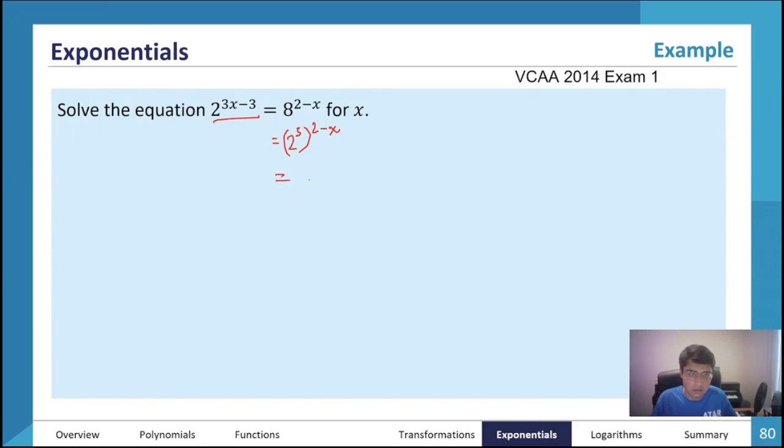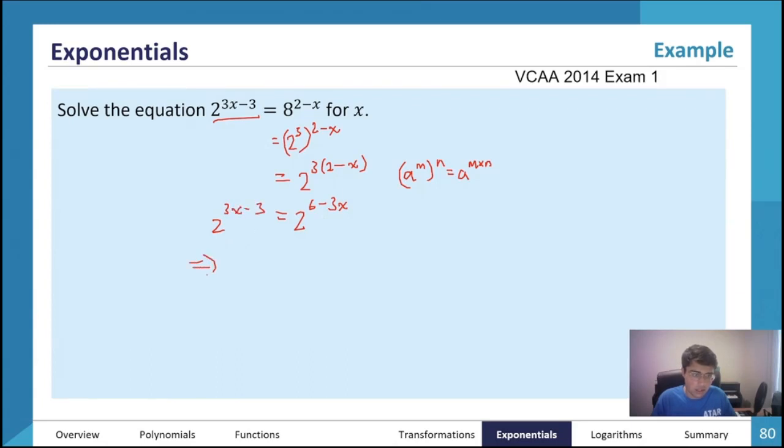Applying an index law, we can write that as 2 to the 3 times 2 minus x. So that's the law where a to the m to the n is equal to a to the m times n. We can expand out that little 3 there, so we get 2 to the 6 minus 3x. And all of this is equal to 2 to the 3x minus 3.